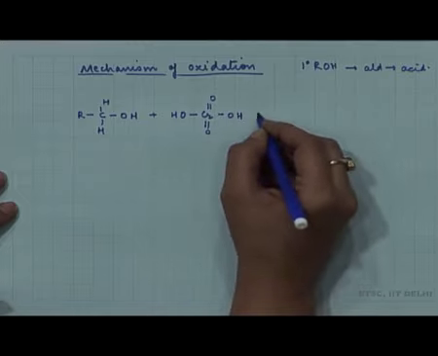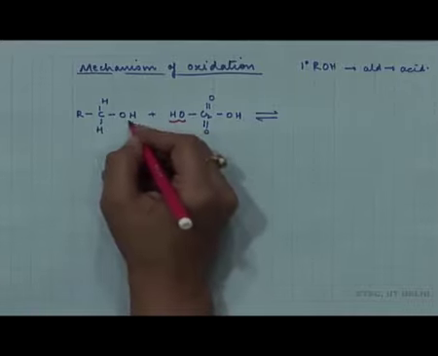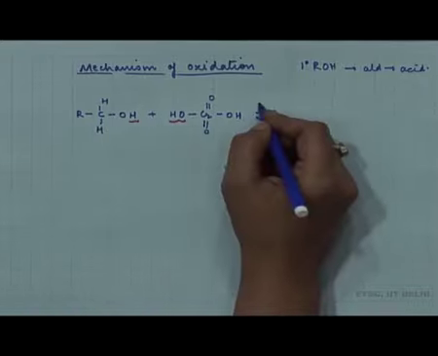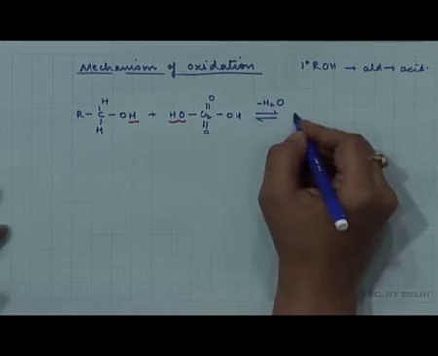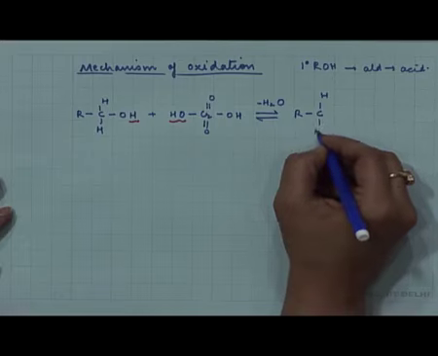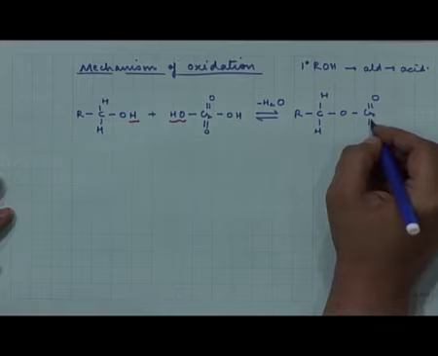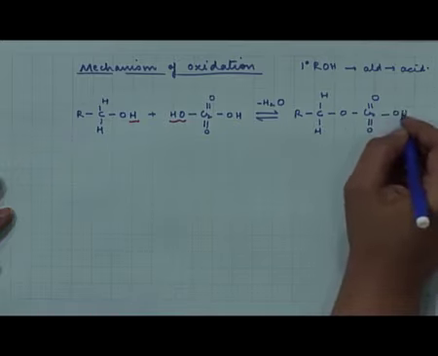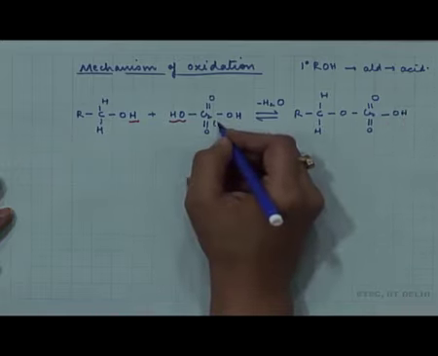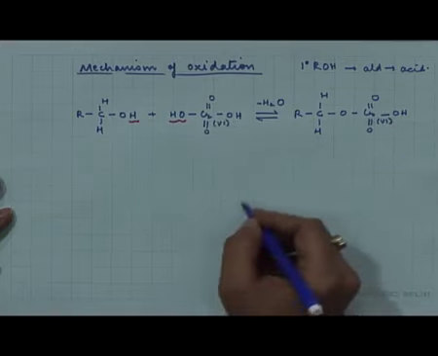Okay. The first step is the loss of this water molecule to give you a very important but unstable intermediate. So, chromium here is in the oxidation state 6, and here also it is in the oxidation state 6.